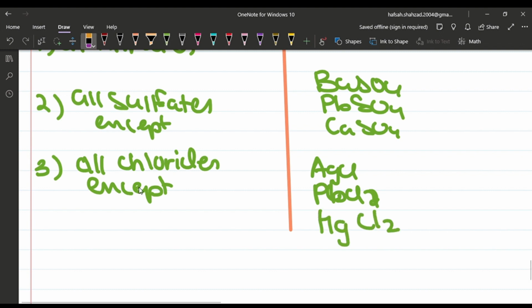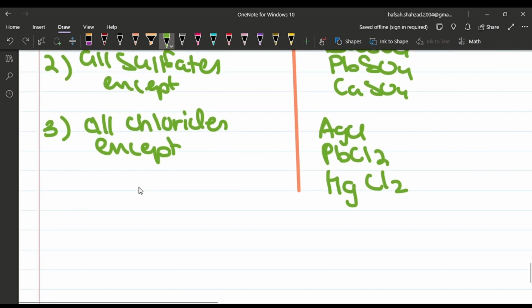These three salts are insoluble chlorides: silver, lead and mercury. And lastly we have carbonates.